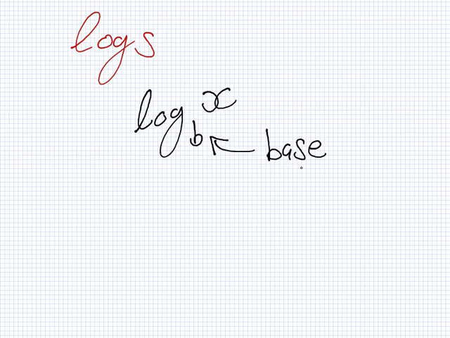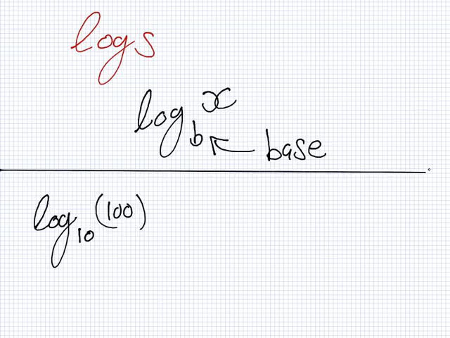So firstly, we need to start off with the definition of logs. So usually we write it like this: log base b and argument x, and this is called the base. So I'll explain it with an example. I find that's the best way to explain it. Like, for example, if I have log base 10 of 100, the way you think about this is you ask yourself, 10 to what power will make 100?